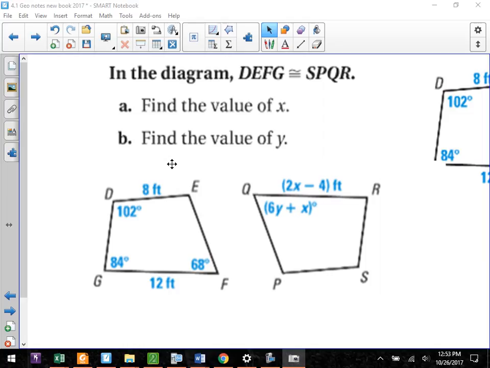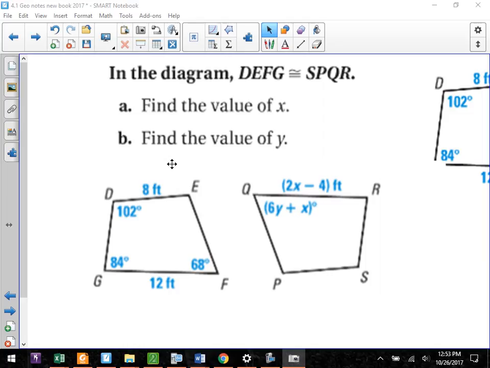A lot of times, depending upon what information you're trying to solve for, if it's asking you to find x and y, and I start looking to see where x and y are to begin with, I can use the congruency statement to make it easier on myself.